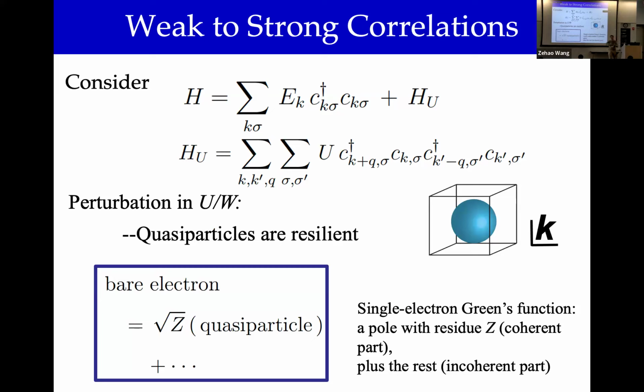In the generic case, in dimensions higher than one with a well-defined Fermi surface, if one does that, one finds that the quasi-particles are very resilient. So what are quasi-particles?